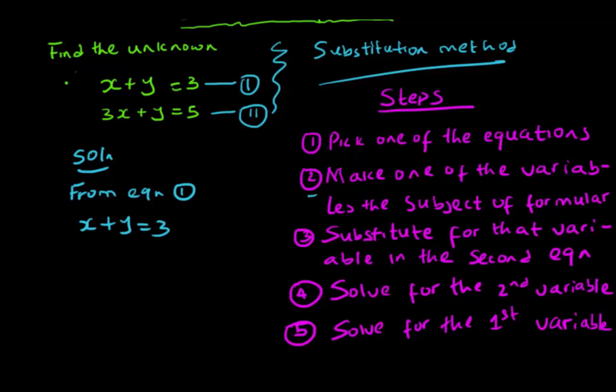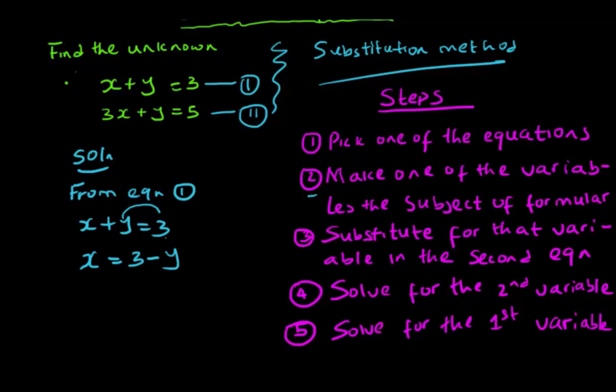To make a variable the subject of the formula, you want that variable to stand on its own on one side of the equation. So I want to make x the subject of the formula. So y has to leave this side of the equation. So I'm having x = 3. When +y moves through to the other side of the equation, it becomes -y.